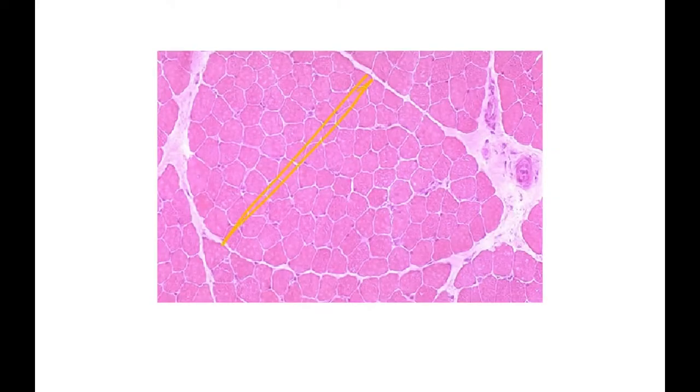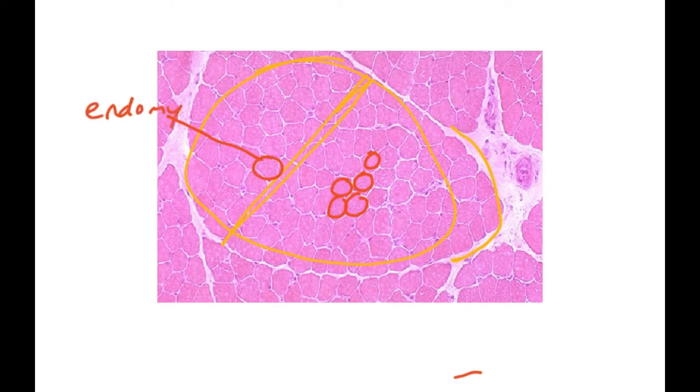Again, all of this is your fascicle. You've got the perimysium wrapping around it, and then these are the individual muscle cells or muscle fibers. And the connective tissue that would wrap around each one of those is that endomysium. So hopefully giving those examples and presenting it in different ways helps you to lock down that new vocabulary.